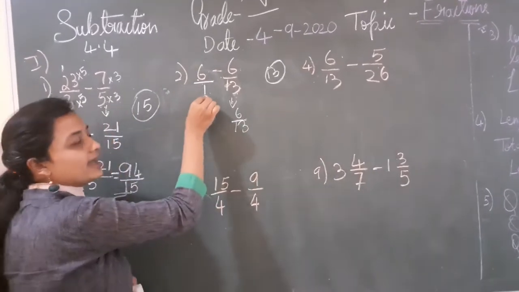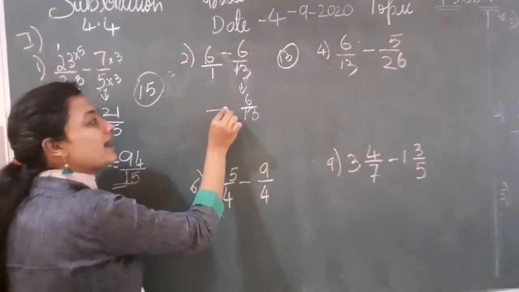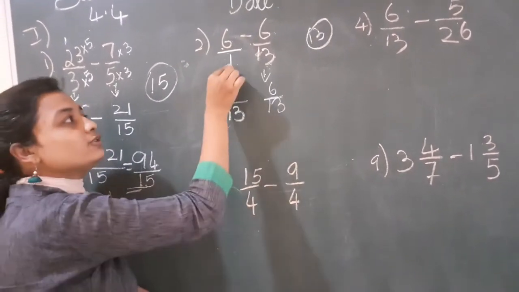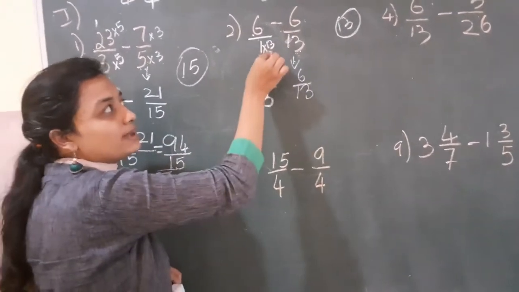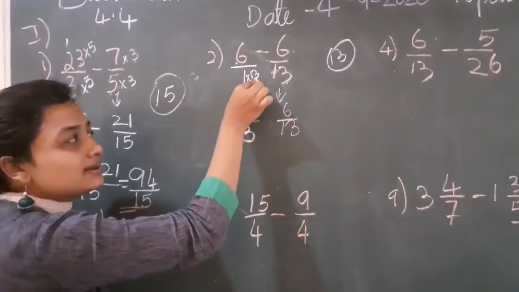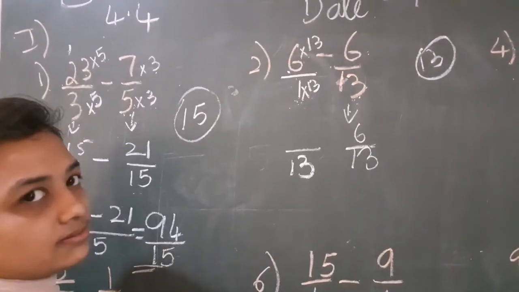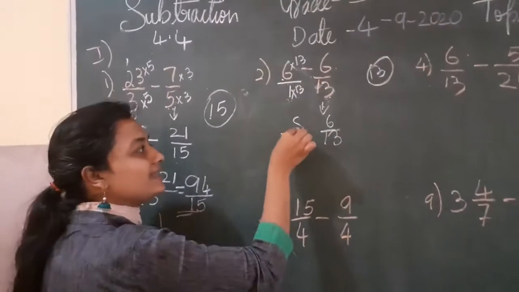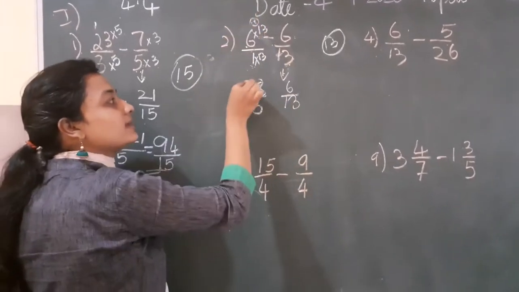But I have to change the first fraction. That is, I should have denominator 13. So what should I do? I should multiply 1 with 13. Because I am multiplying 1 with 13 here, I should multiply 6 also with 13. So multiply this, what is the answer you get? 6 3s are 18, 1 carry. 6 1s are 6 plus 1, 7.